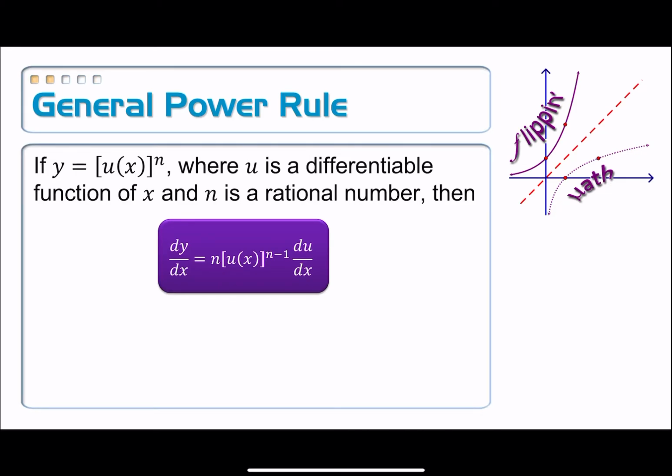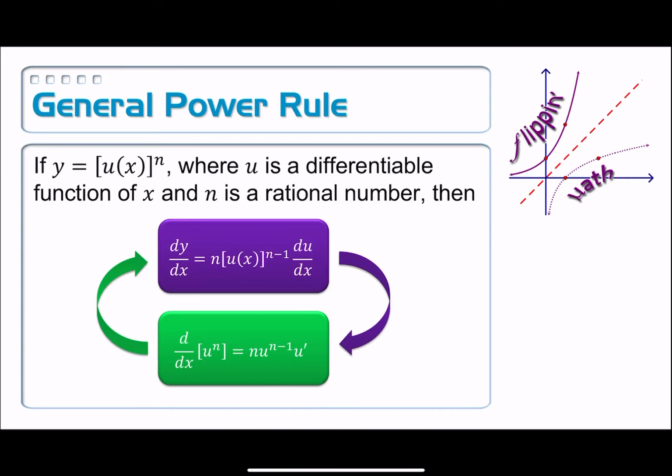We leapfrog the power down, and then subtract 1 from it, which is perfectly okay. But now you have to multiply it times the derivative of the interior function, du/dx. Or if you prefer, in prime notation, d/dx of u to the nth power is equal to, notice that the power just leapfrogs down, subtract 1 from it, and then multiply that times the derivative of the interior function.